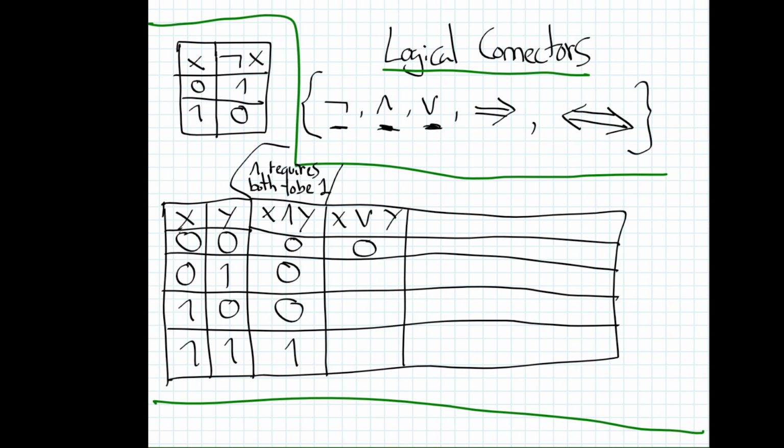For the next one, you can see that y is 1, so one of them is true, is 1, so the return value will be 1. The same applies to the next, and the same applies to the last one. It can be confusing, but the last one returns a positive value for one of them being true. That's the rule set, and that's how we will define it.